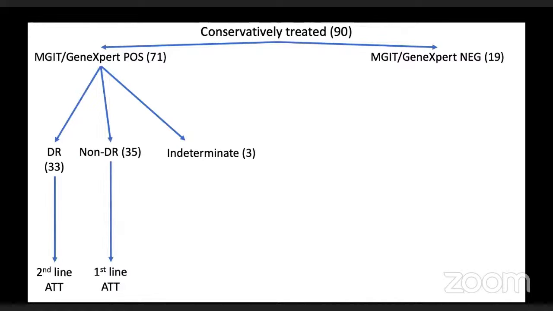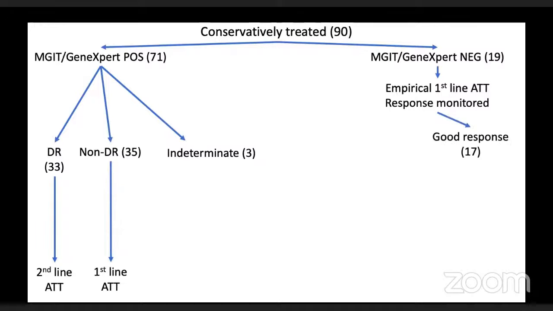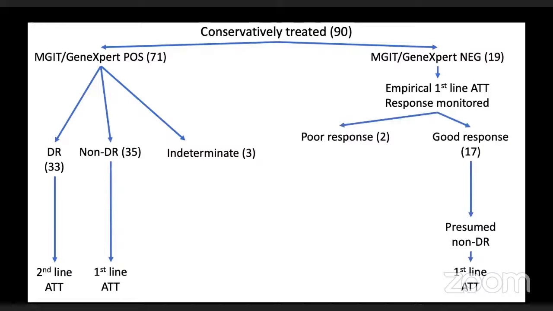TB MGIT and GeneXpert were negative in 19 patients, where empirical first-line treatment was started and their response was monitored. Good response was shown in 17 patients, and they were continued on first-line treatment. Poor response was seen in 2 patients, where presumptive second-line treatment was started.